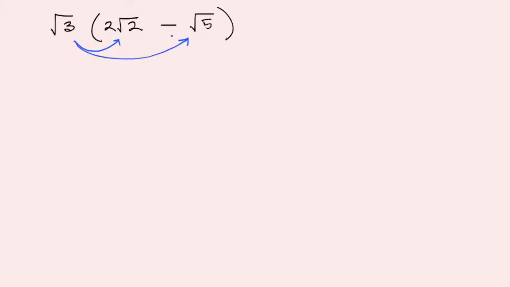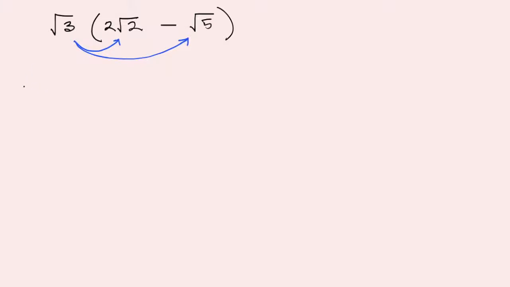The next example is root 3 into 2 root 2 minus root 5. Now don't forget, we multiply the outside term by the first term, and then multiply it by the second term as well.